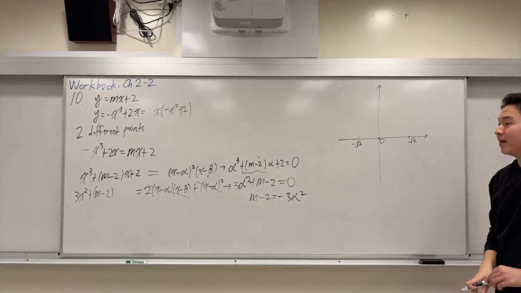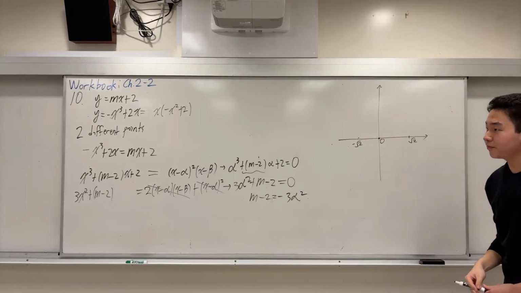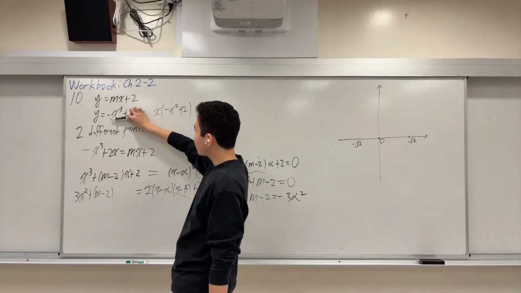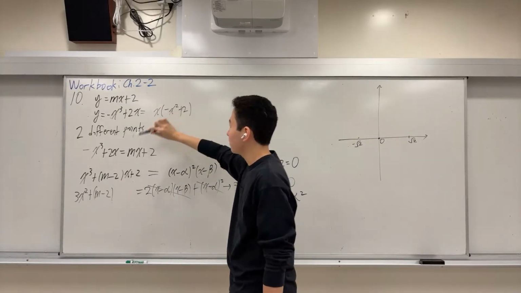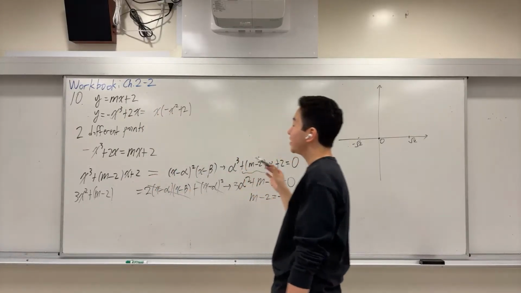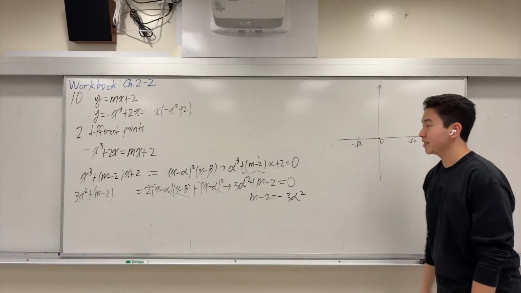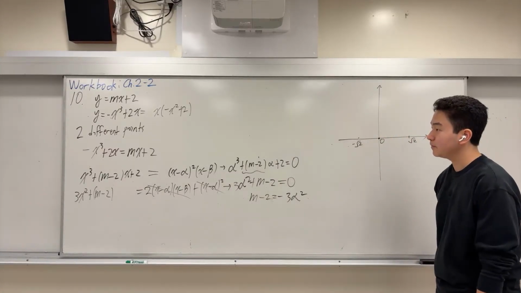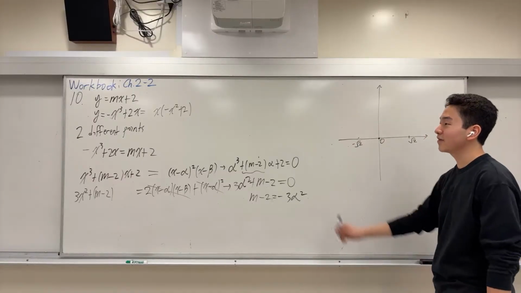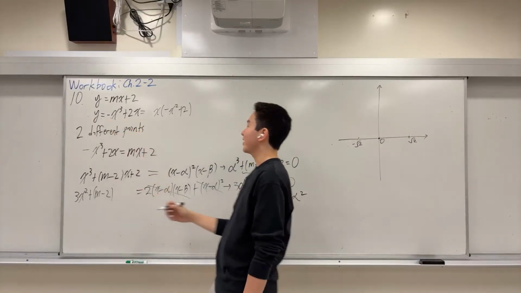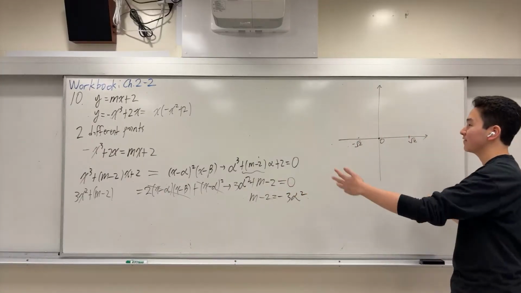intersection of this graph. If we send this to negative infinity, the negative x cubed term will always win over the x term because it has a higher power, which means that as we go to negative infinity, it should increase, because we have a negative sign in front of the x cubed term, then it should be a very large positive number.